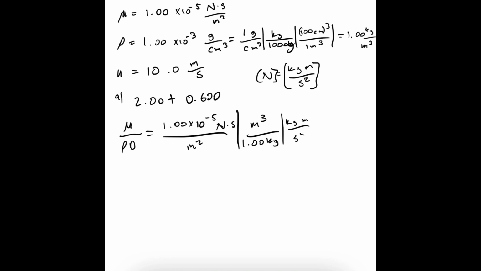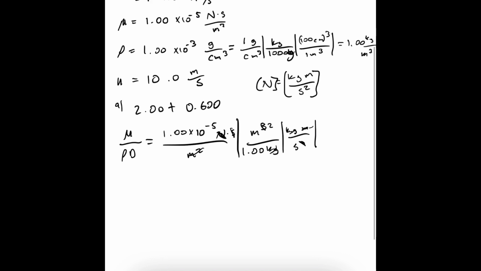So kilograms cancels kilograms. We got 1 meter here and 1 there, so now we're left with 2, and that cancels with those. And then 1 of our seconds cancels, and the newtons is canceled out. So then we're just left with meters squared per second, and that is what D is in.